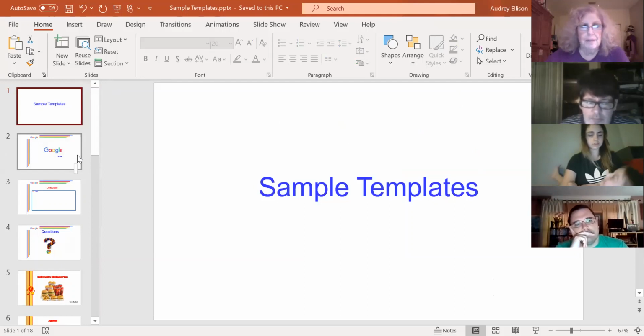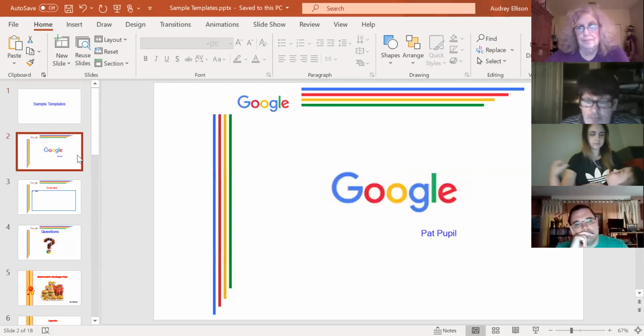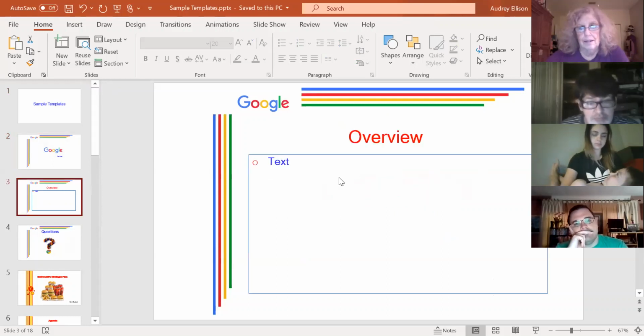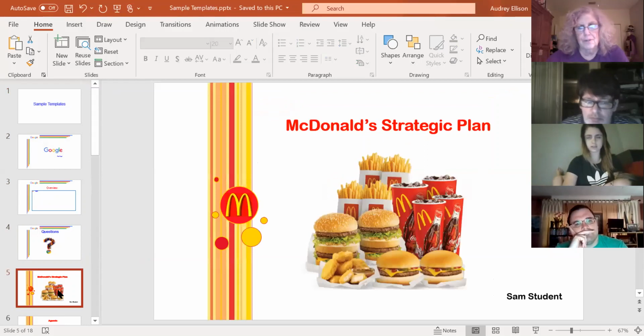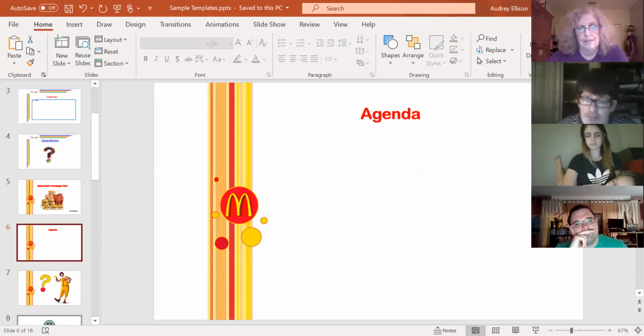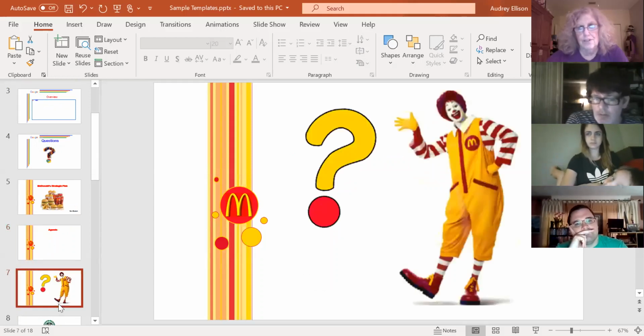They created these templates. Here's Google. This is their text slide where they would add information, and here's the question slide. Here's a presentation for McDonald's. This is their slide for content, and here's their question slide.